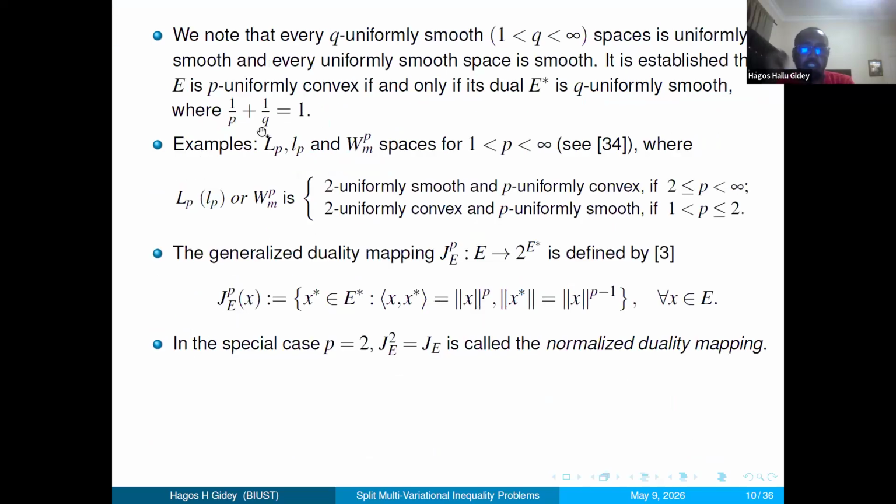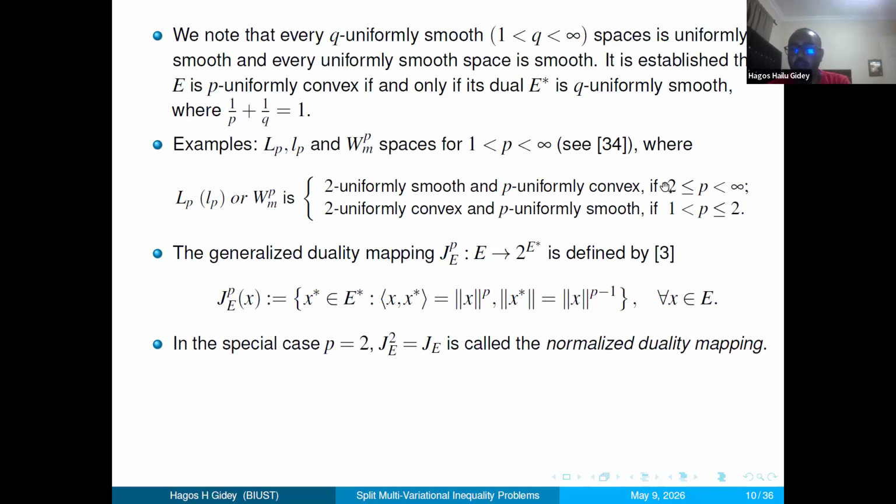And here are the examples: small l^p, capital L^p, and Sobolev spaces are examples of 2-uniformly smooth and p-uniformly convex spaces if p is between 2 and infinity. If p is between 1 and 2, those spaces are 2-uniformly convex and p-uniformly smooth.